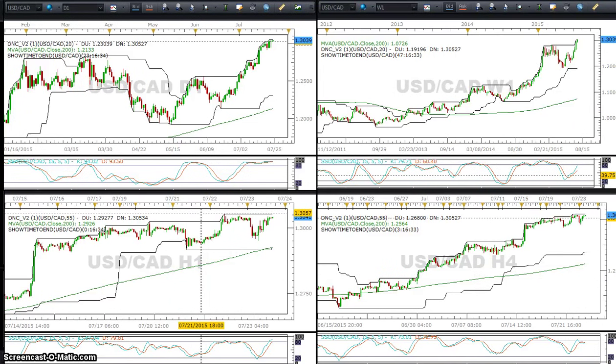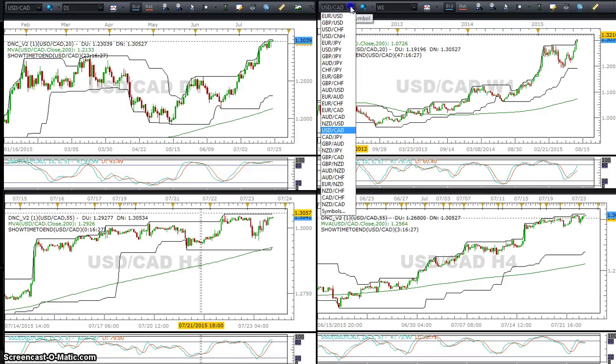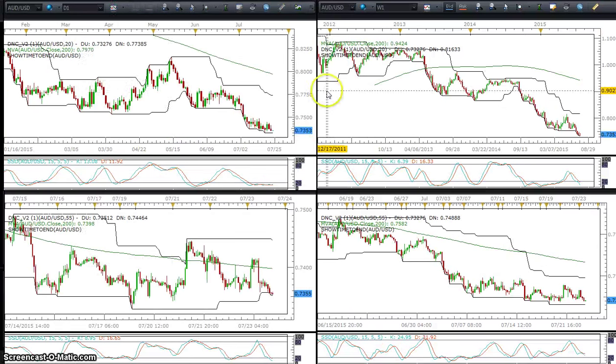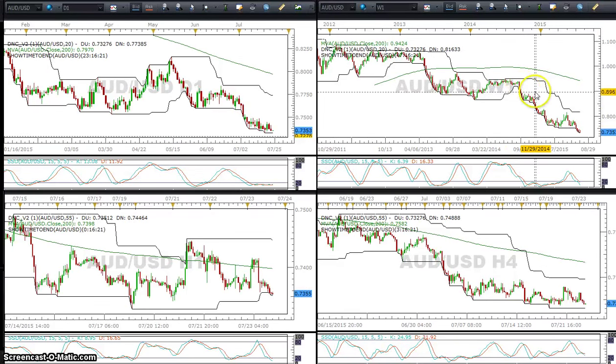The next pair: dollar strongest, and we have the Aussie dollar as the second weakest currency. So now I go down and take a look at that particular currency pair, and there it is. Again, lower highs, lower lows on the weekly, lower highs, lower lows on the daily.